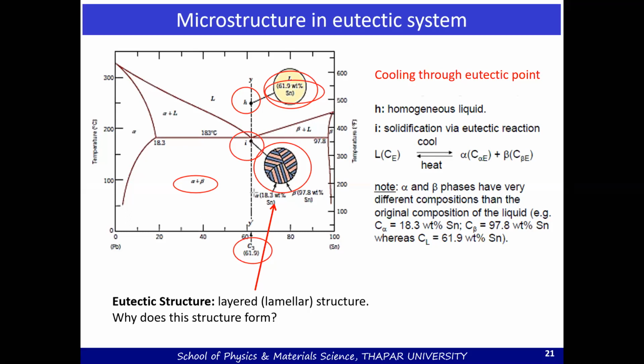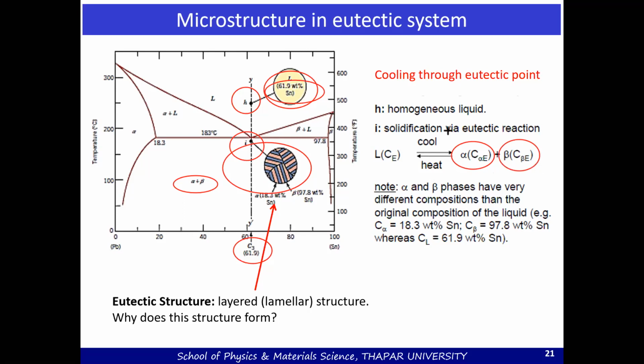What is the meaning of eutectic alpha and eutectic beta? Its meaning is it is forming the layered laminar structure. Now, if you want to answer what is the concentration of alpha phase and what is the concentration of the beta phase, then we write that the concentration of the alpha phase is C alpha E and the concentration of the beta phase is C beta E.